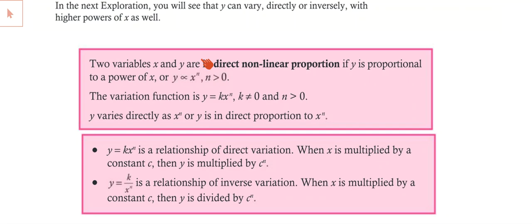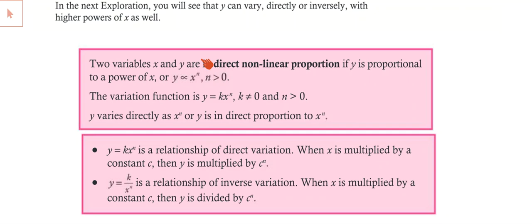What's x to the power of a half? X to the power of a half is the same as square root. X to the power of a negative number would actually turn it into inverse proportion.